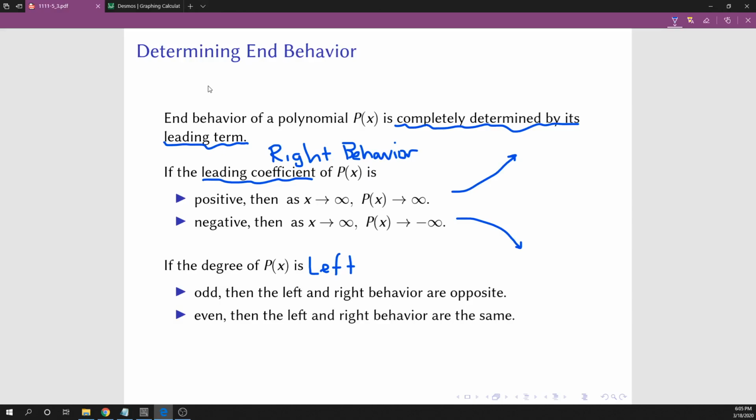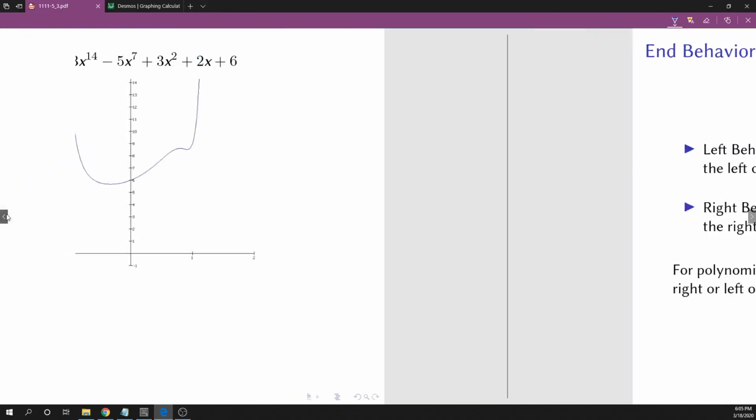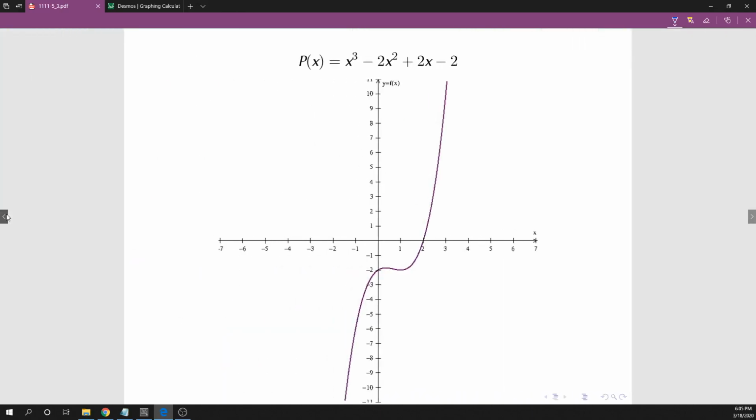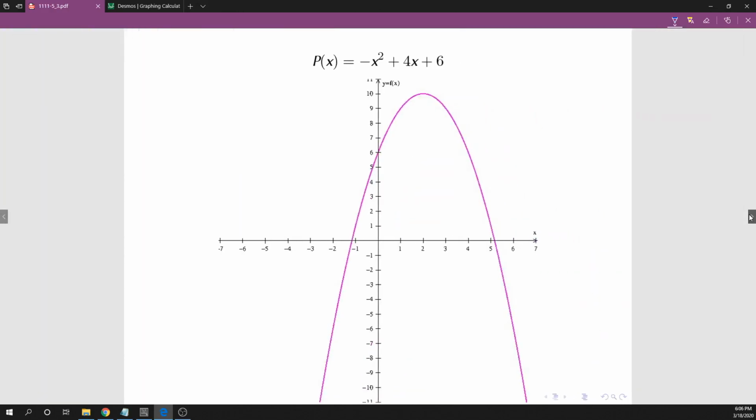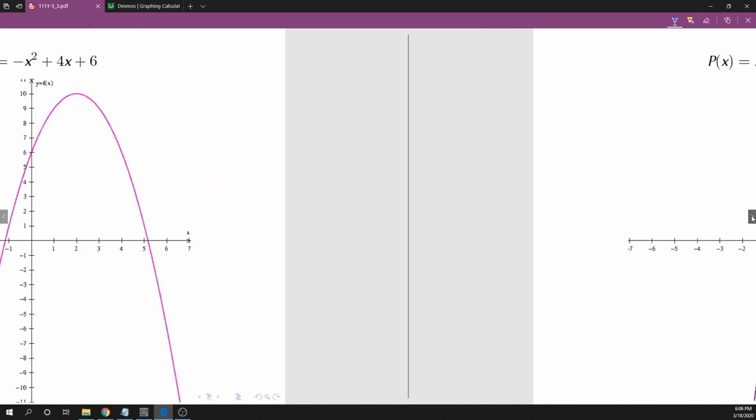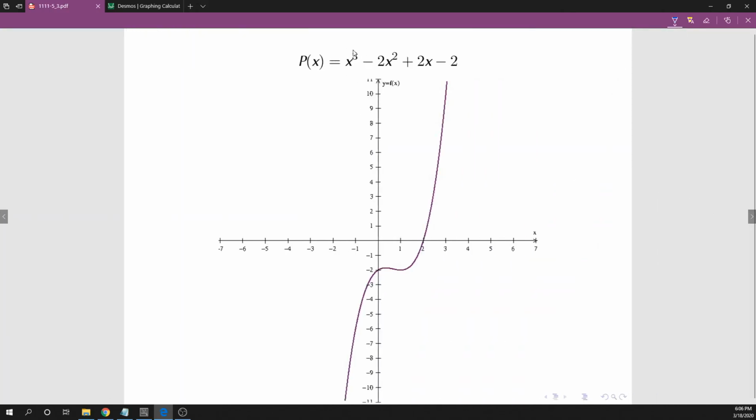If the degree is odd, then the left and right behavior are opposite. So let's go back and take a look at a few examples of that. Remember, we had these graphs of polynomials. So on a linear function, the degree is odd, right? Because it's 1. And you can see it does opposite things, right? The behavior is opposite. 3 is an odd degree, right?